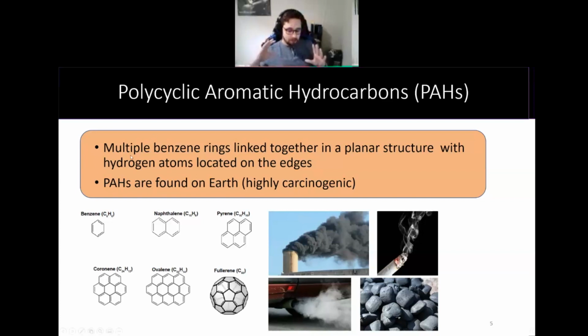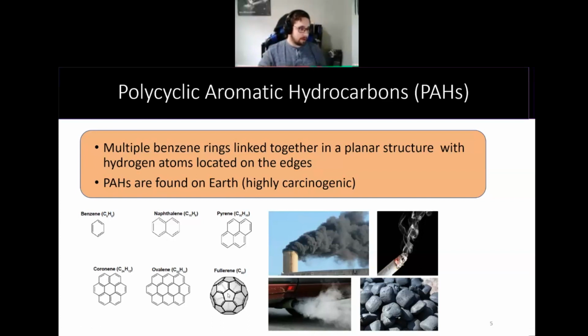Building from a single aromatic unit, you can get larger and larger planar structures of hexagonal units, with hydrogen atoms located on the periphery. Here I give a couple examples of simple PAHs and a related species, as we'll see later, fullerenes, which are also formed from the same kind of aromatic material.